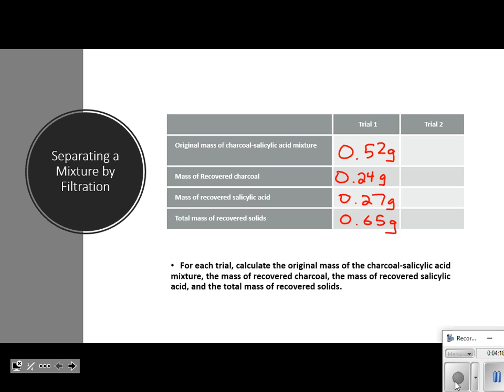All right. So let's go back to my value here, the 0.51. So I'm looking at this and I need to make some calculations. The first calculation I need to make, and I'm only going to do trial 1, okay? I'm only going to do trial 1, not trial 2. So I need to take the total mass of the recovered solids.